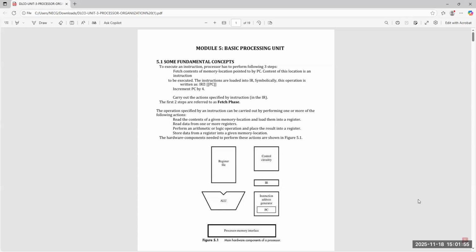If these instructions are to be executed, the processor has to perform three steps.